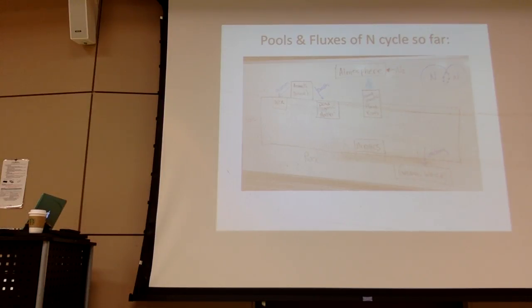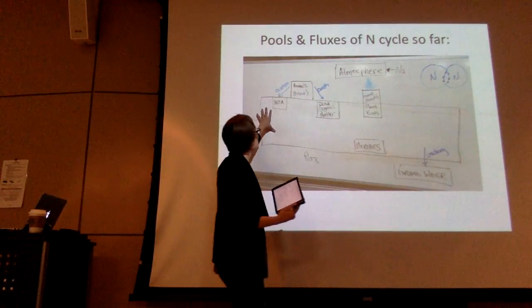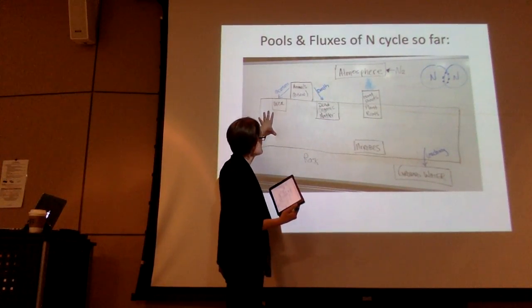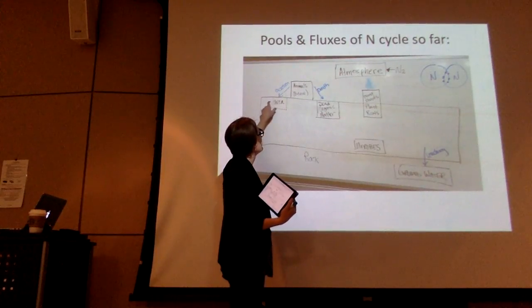So, on Monday, we had defined some of the pools and fluxes in the nitrogen cycle in general, and specifically at the Konza Prairie. And we will add to this image as we go, right? We have soil, and it functions as the place for several pools of nitrogen.